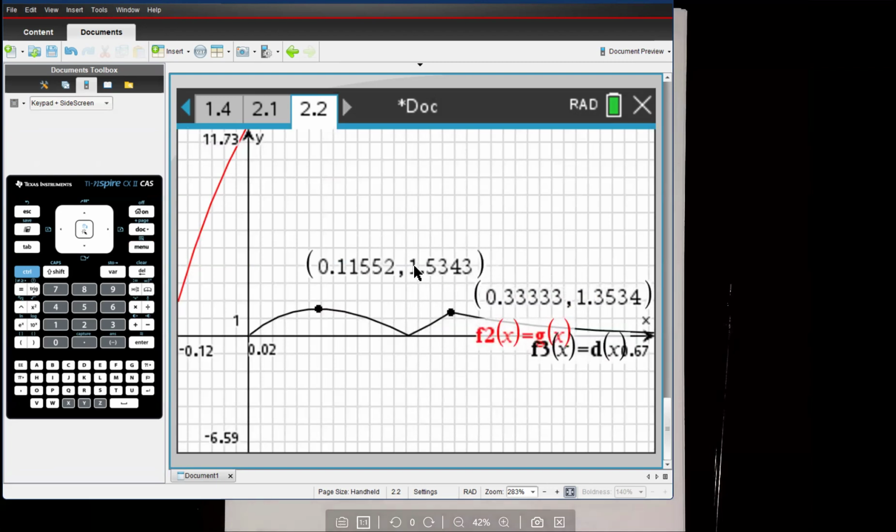So you have to be very careful. Like this value, well, it's less than 0.333, but the distance value they generated is actually larger than 1.35. So I would say 0.11 is the suitable answer rather than 0.33, okay?